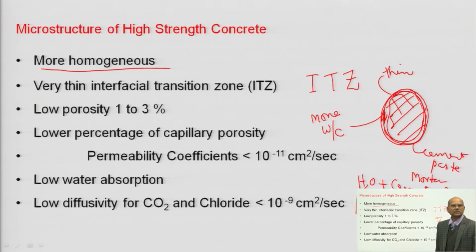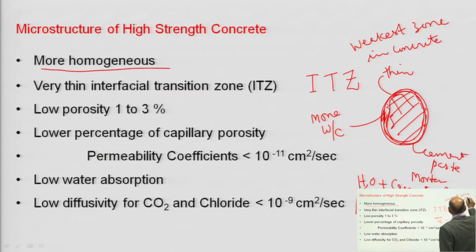So, we have to consider the interface of the aggregate and paste. Those will create a more porous structure here, as well as the water cement ratio is more. So, this is the weakest zone in concrete.